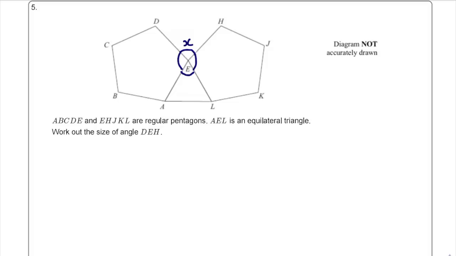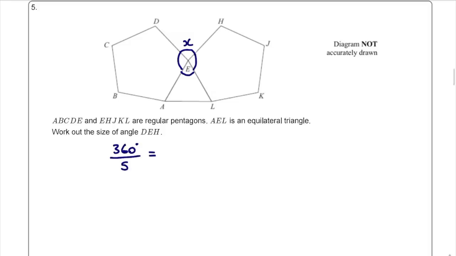So to work out the interior angle of one of these pentagons, we're going to work out the exterior angle first. The way we do that is we know that the sum of all the exterior angles of any polygon always add up to 360 degrees. So we're going to have 360, and then we're going to divide that by 5 because a pentagon has 5 sides.